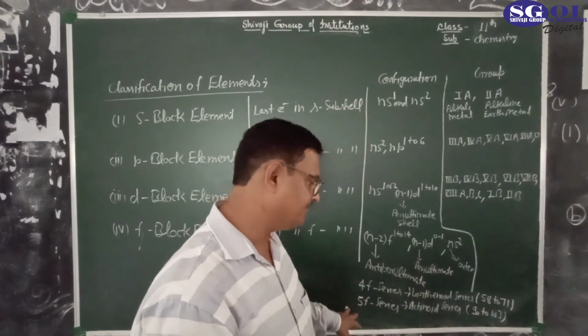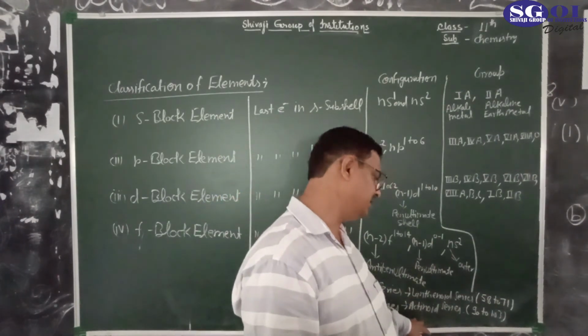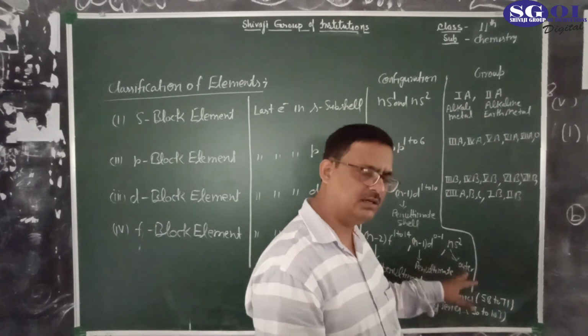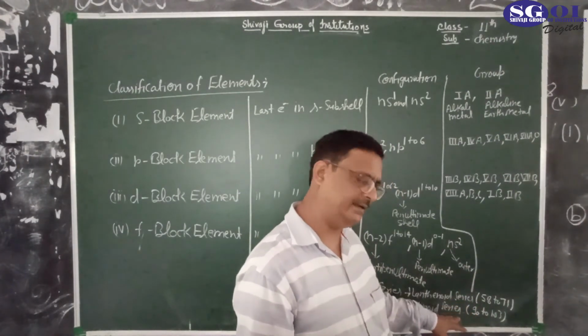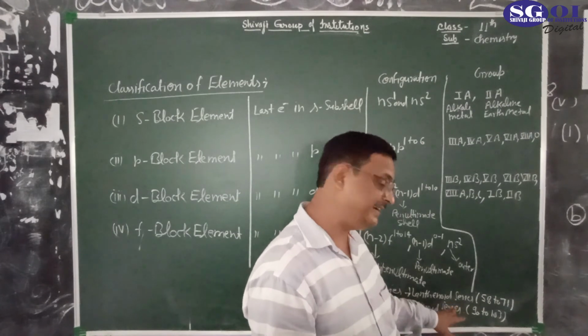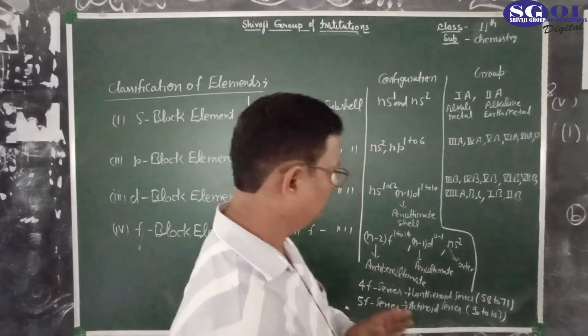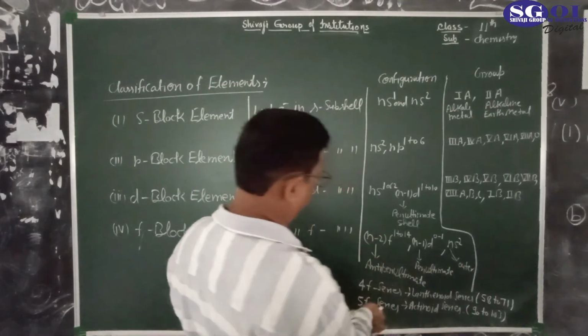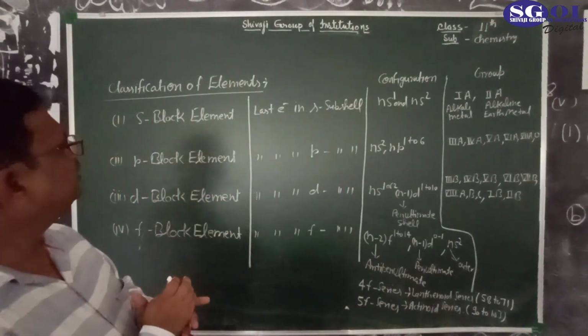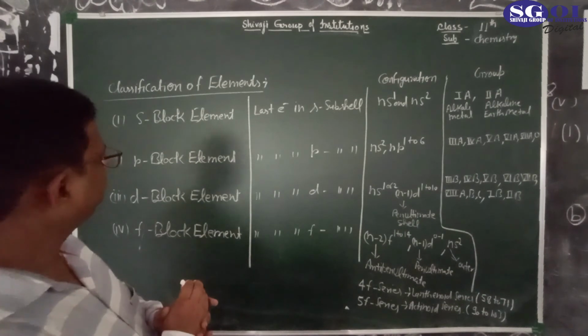Similarly, the 5f series contains 14 elements, from atomic number 90 thorium to 103 lawrencium. This is the block study of the elements.